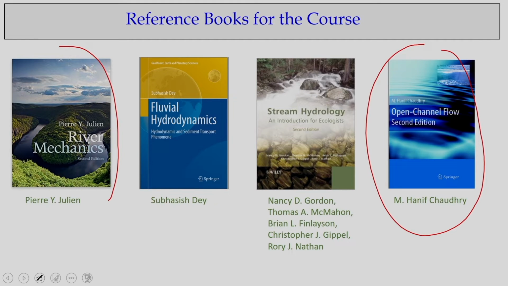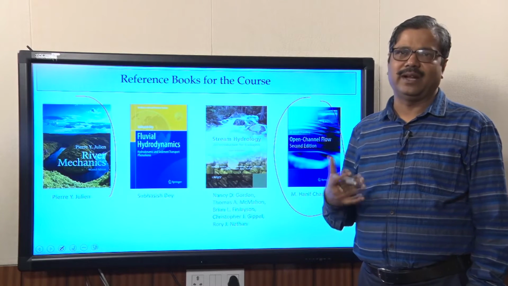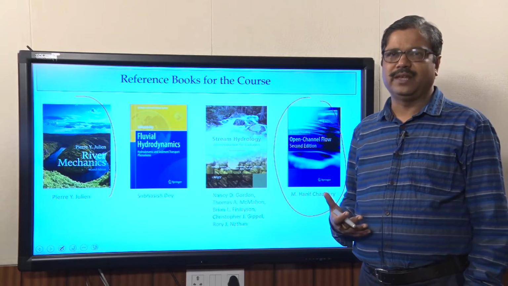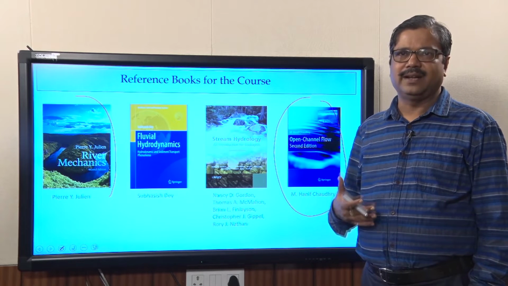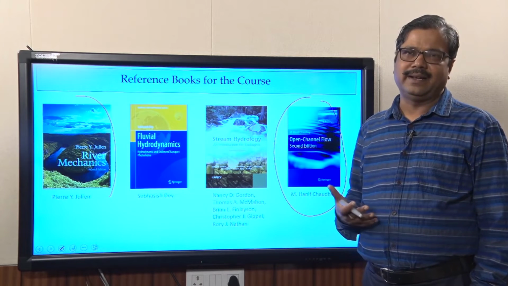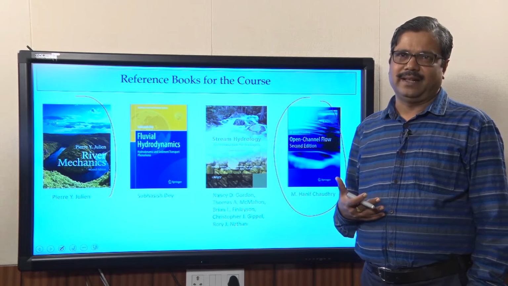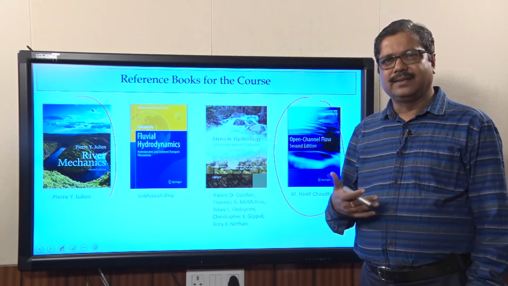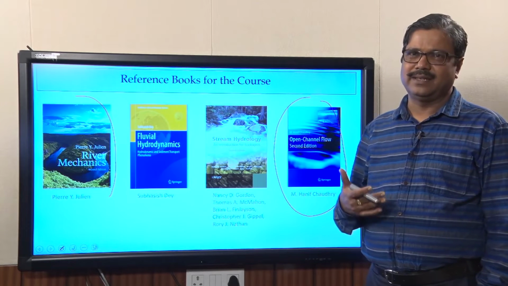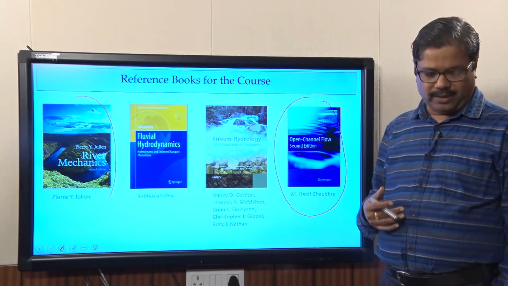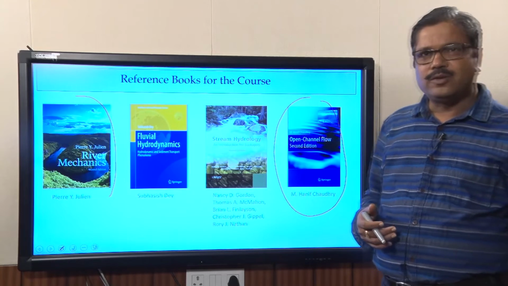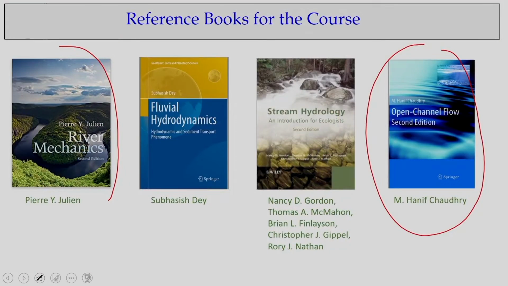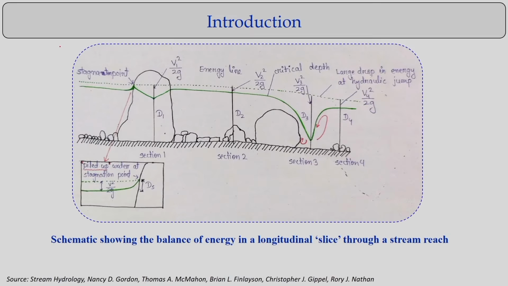These two books we have been following for steady flow, which is necessary to analyze how the flow behaves: whether it is subcritical, supercritical or critical, and what the conditions are. Those are the things we are going to discuss more, as in the last class. Beyond that, today we will discuss it. Let's go back to the same slide I discussed in the last class.